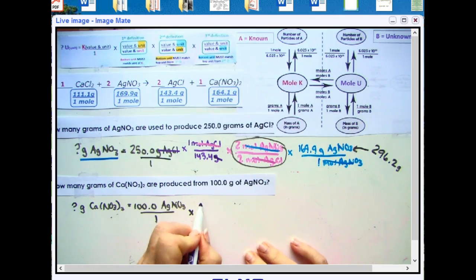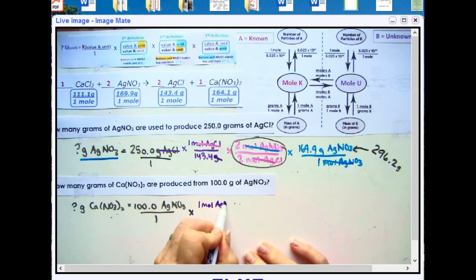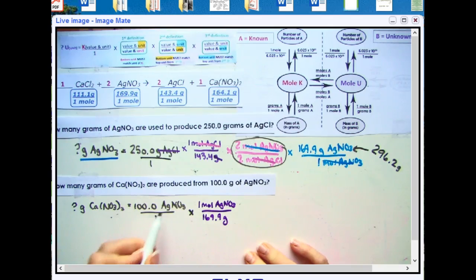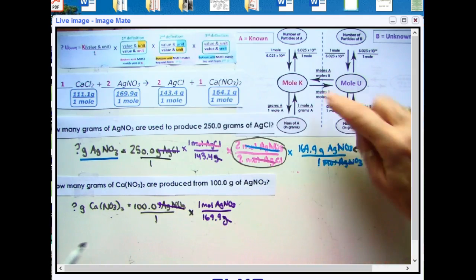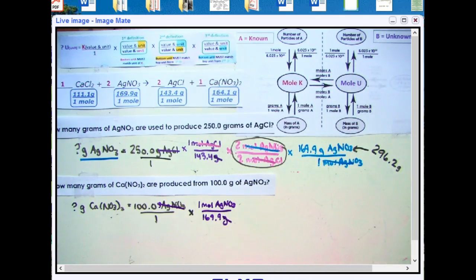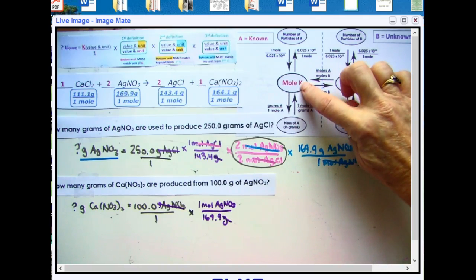So I'm going to say 1 mole AgNO3 is 169.9 grams. Grams of AgNO3 cancel, and we have moved ourselves correctly up to moles of the known.